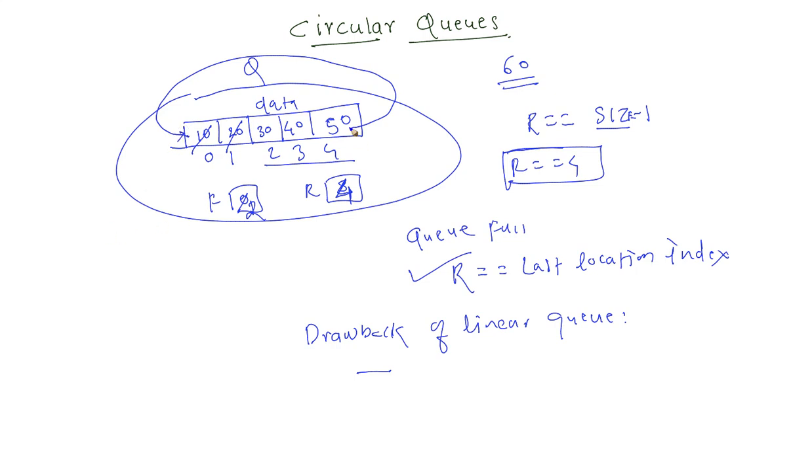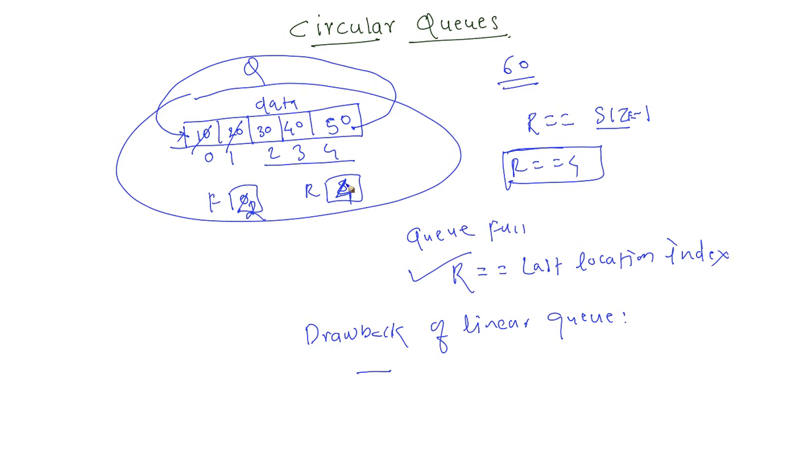Whenever R goes to last location and we want to perform NQ operation, we will make this R 0, that is the first location, and then check, is this location empty? If this location is empty, then we'll perform NQ here. But if this location is also full, then we'll say that the queue is actually full.